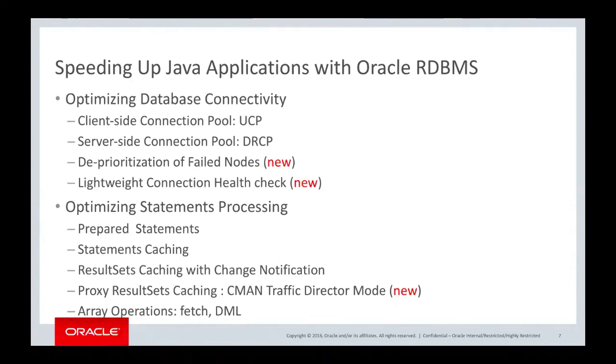The other mechanism we have to speed up database connection is the deprioritization of failed nodes. This is a new feature. The way it works is when you enable the feature, you specify a period of time.